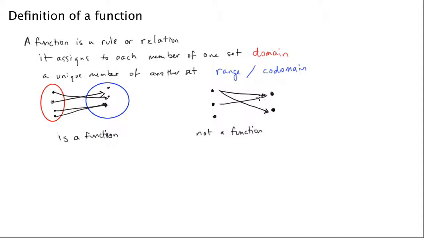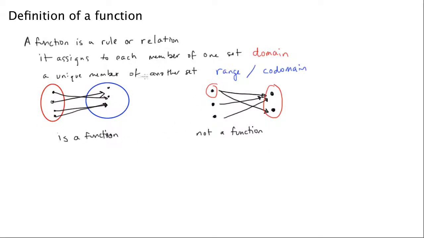It's okay if two different things, or in this case, all three of them are assigned to one point. That's okay, but it's not okay for one thing to be assigned to multiple things. So as long as that doesn't happen, then you have a function.